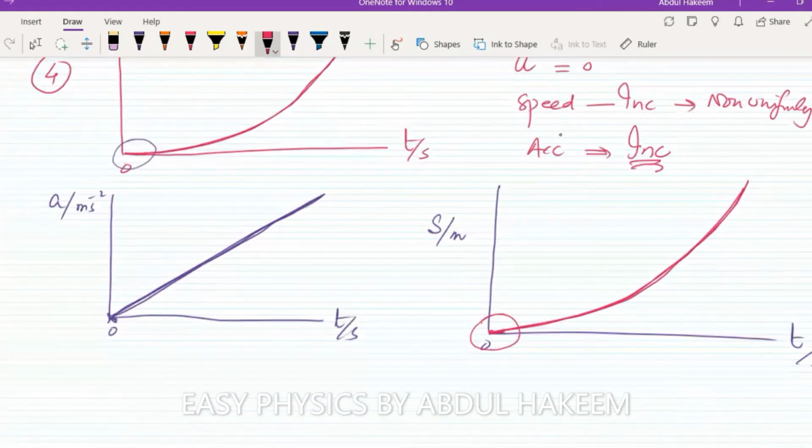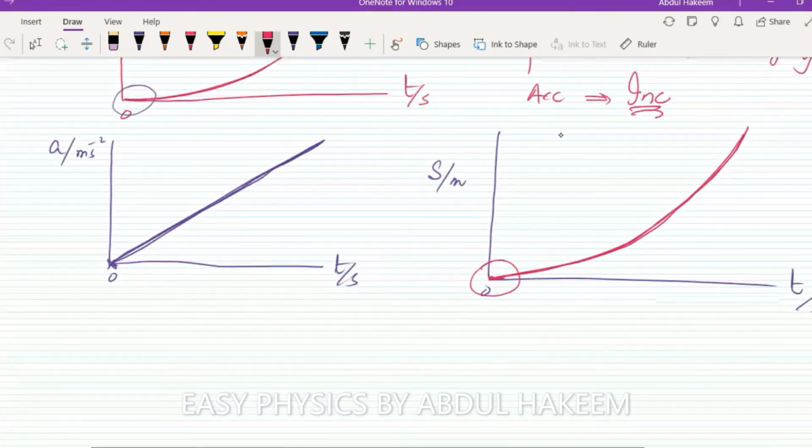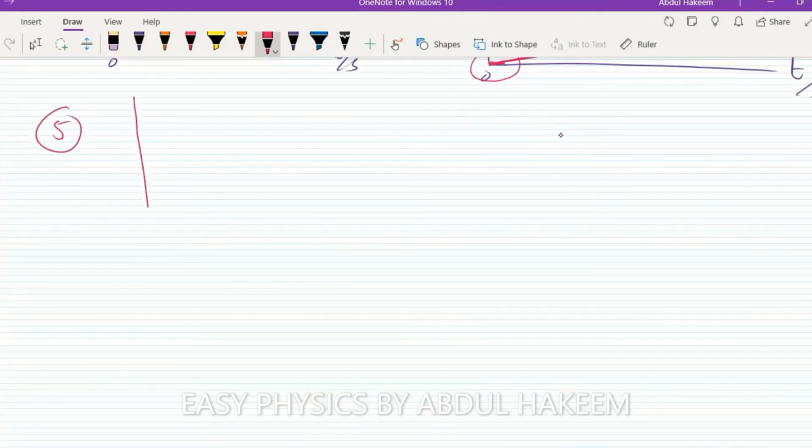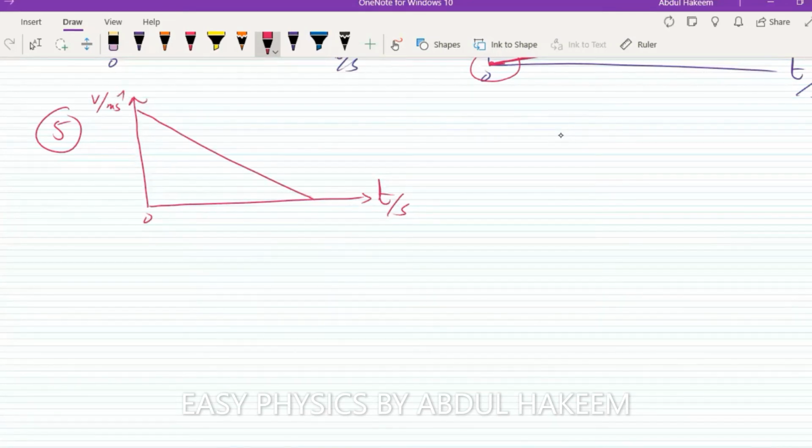And number 5, if the motion is represented by this graph, speed at the y-axis, and the graph is this. Now here, speed is decreasing.